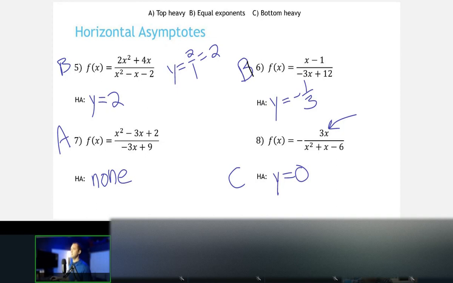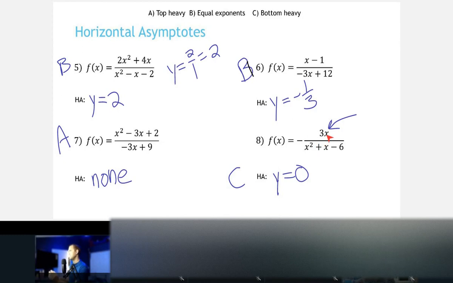So one thing I do want to point out is it is a common mistake, because Unit 1 is super long, which you probably noticed, and there's a lot of stuff to remember. So, when we learn this today, if you don't practice, you don't review, you may accidentally on a quiz or a test look at a problem like this and see that 3 and compare this 3 to that 2, and you might say it's top heavy by mistake because it slipped your mind that we are comparing the exponents.